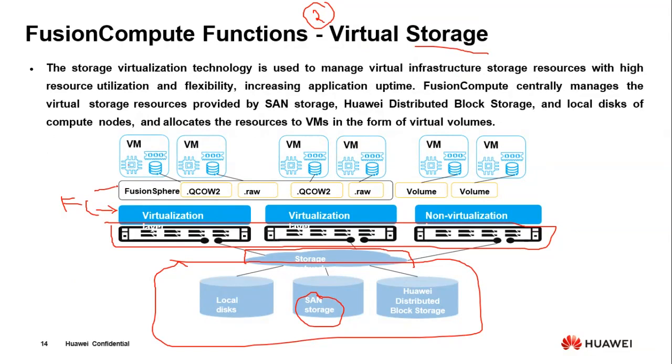So basically, it uses a function in the FC that is called FusionSphere. The FusionSphere is what is used to manage the storage. So that's how it looks like. It uses SAN storage protocol, and in the FC, it uses FusionSphere. The FusionSphere is used to manage the storage that we have in the cloud.